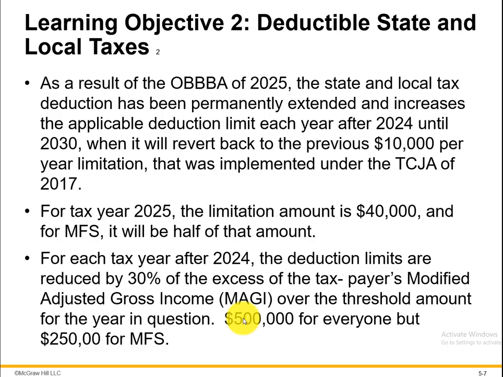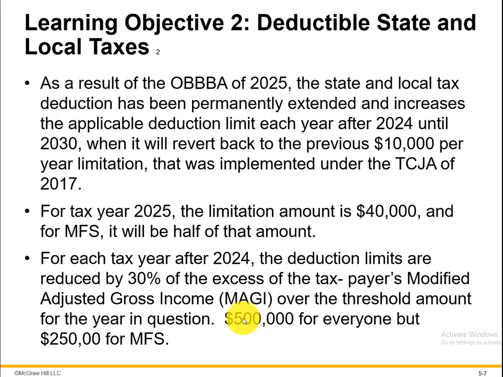If your AGI is too high, over 500,000, your state and local income taxes, even though already limited to 40,000, will get reduced further by 30% of whatever you're over 500,000, till it goes all the way down, but it can't go below 10,000. So think about that.